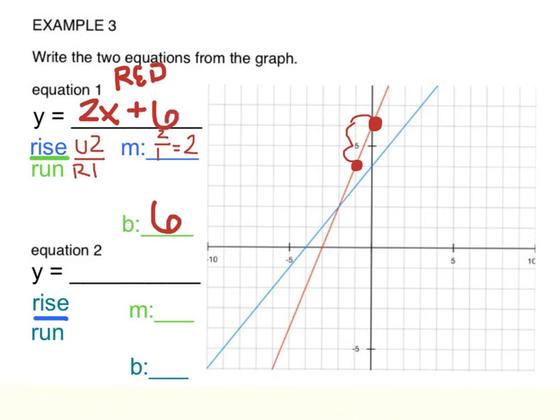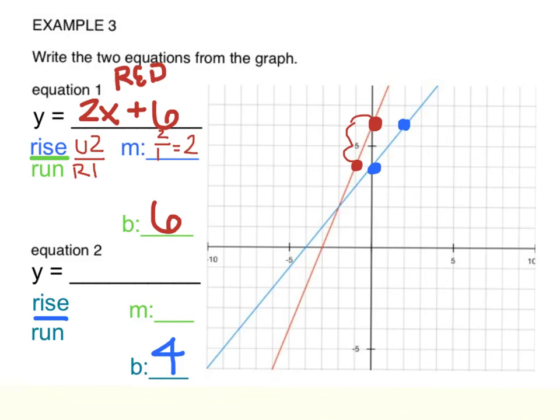Now let's look at the second equation, which is going to be the blue. First, identify the y-intercept because that's our starting point. And that number seems to be at +4. Now, to find a slope, we need one more point, and I'm going to pick this one, which is 2, 6. So let's figure out what our rise over run is.